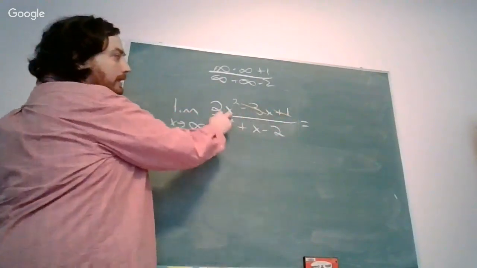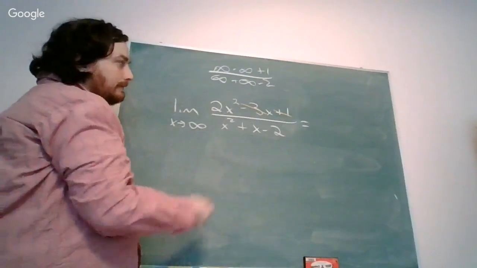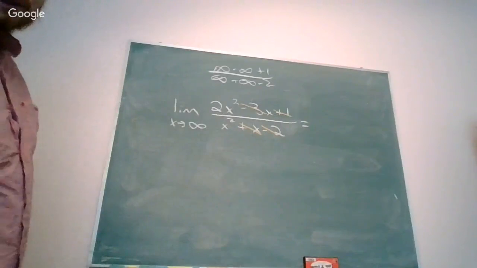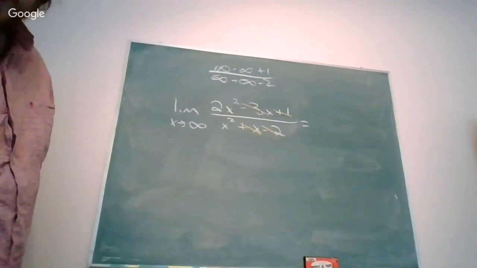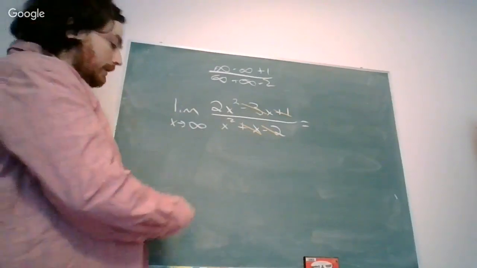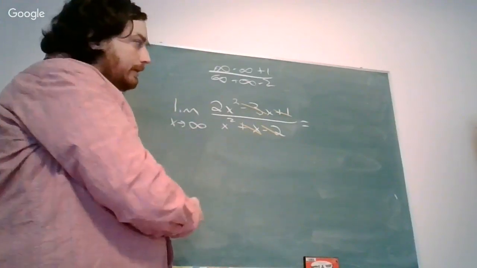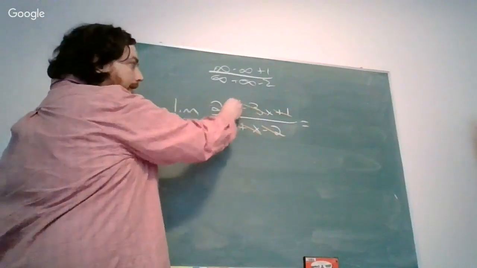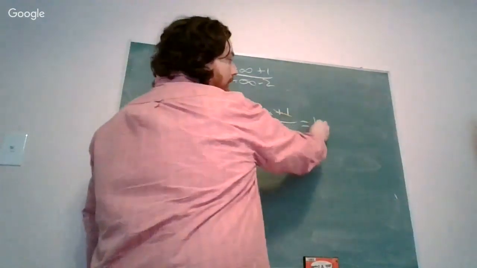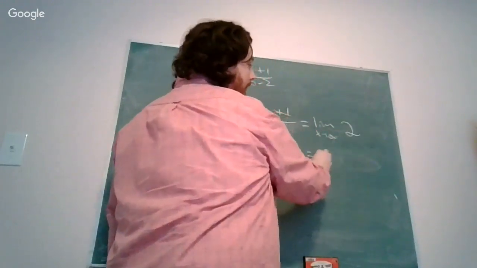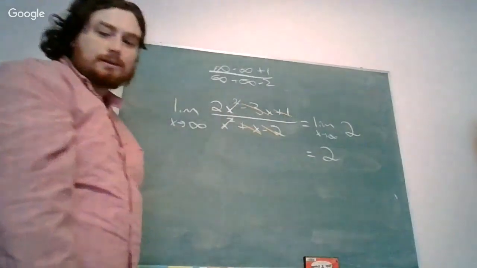We can ignore the 1 because the 2x squared dominates it. And on the bottom, we can ignore these portions because x squared dominates those. Instead of having to go through the work of using L'Hopital's rule, we remember the ordering of domination, and we get just 2x squared over x squared, which is 2. So the limit as x goes towards infinity of 2 is just, well, it's constant, so that's 2.